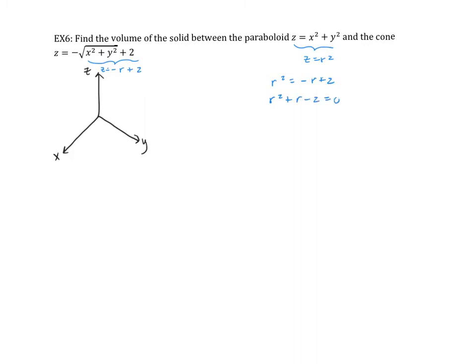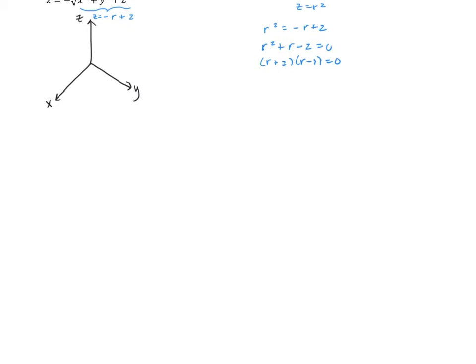So this factors into r plus 2 times r minus 1 equal to 0. That tells me that r is equal to negative 2 or r is equal to 1. But remember, our r values in cylindrical are positive, so I can ignore the negative 2 and just look at the r value of 1. That tells me my r values are going to go from 0 to 1.